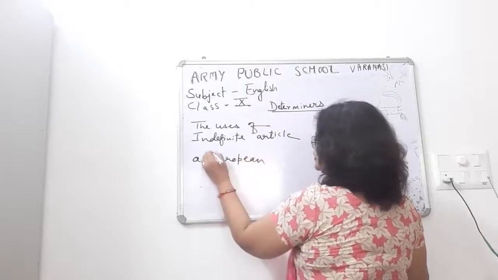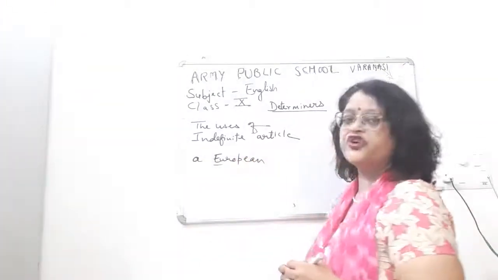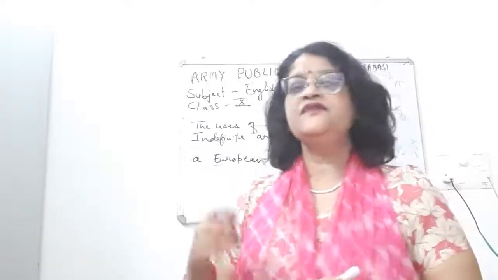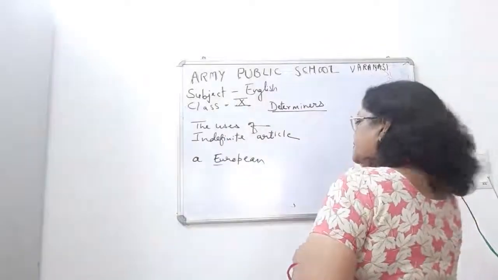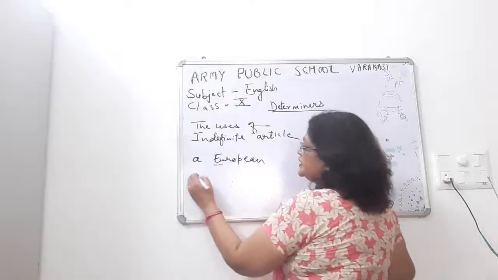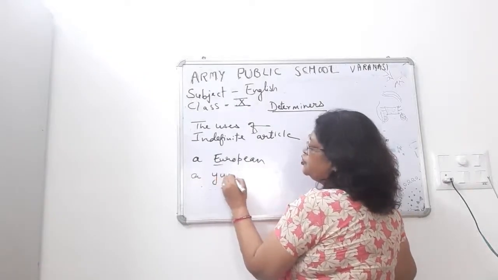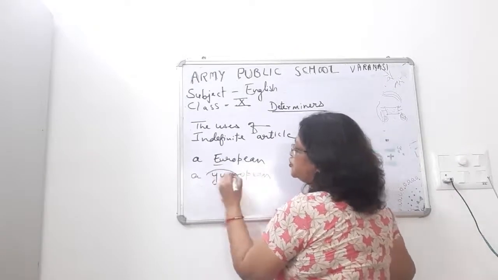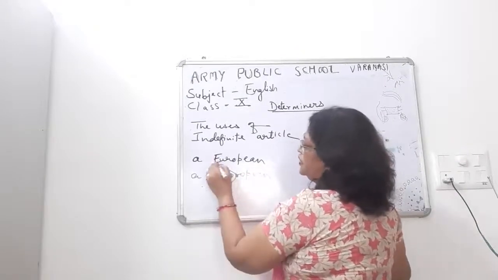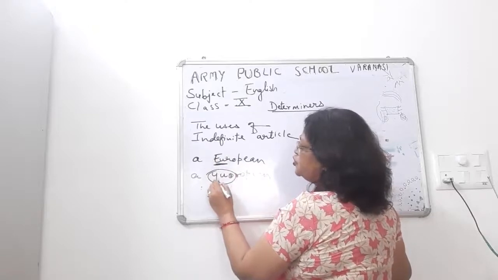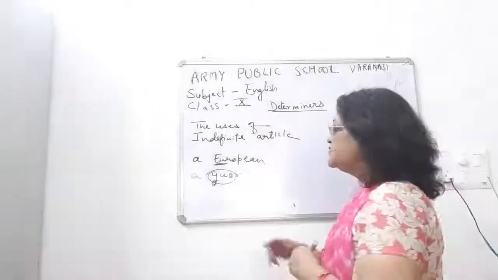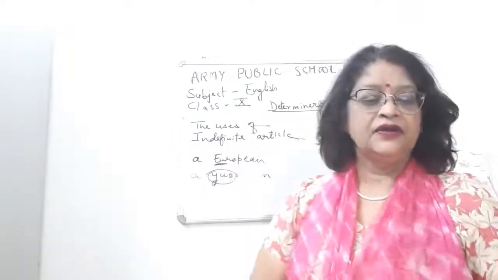European starts with a vowel letter, and as per the rule we should have an. But children, if you pronounce it, it is pronounced as yo. EU is pronounced as yu in European. So it starts with the Y sound, and that's why we write a.